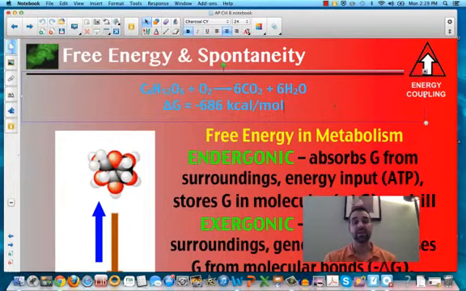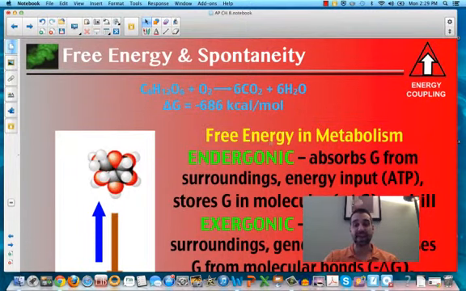And we know that in cellular respiration, there's going to be a release of 686 kilocalories per mole. Notice how it's a negative value. It means that at the end of cellular respiration, that's how much energy is going to be released. So that system of a glucose molecule no longer has the 686 kcals per mole. And we're going to need to do something with that energy that was released.